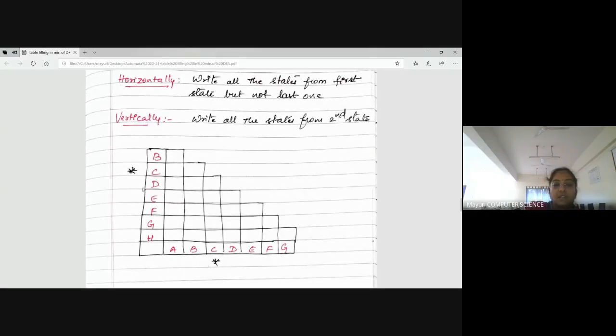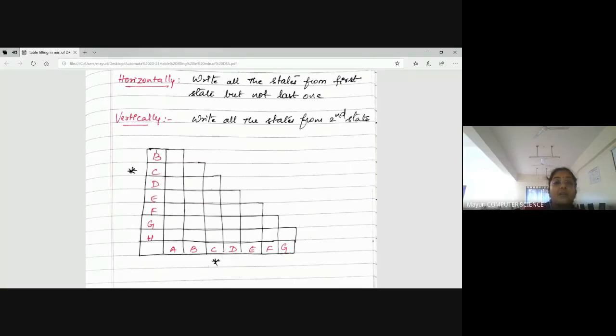When I'm writing the states horizontally, I have taken from A till G, but I haven't included H, right? Leave the last state while listing horizontally. Leave the first state when listing vertically. So B, C, D, E, F, G, H, I have eliminated A, only for the purpose of taking the pair of states.